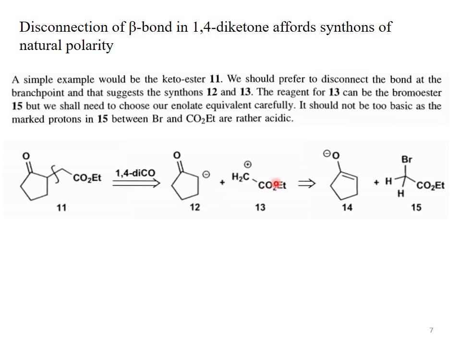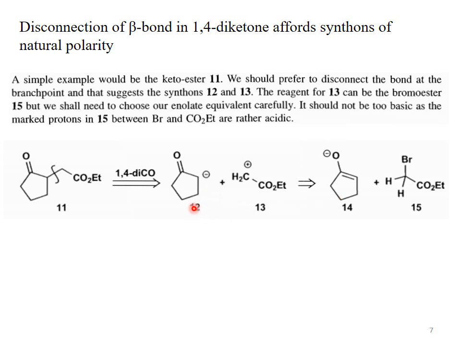When the beta bond is disconnected, we have two fragments, fragment 12 and fragment 13. Fragment 12 and fragment 13 are the synthons which possess natural polarity.